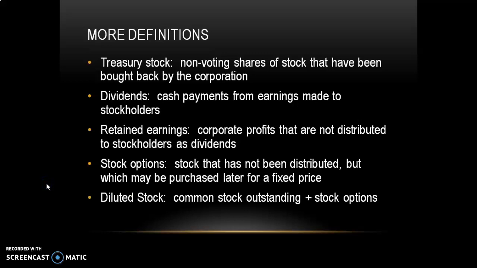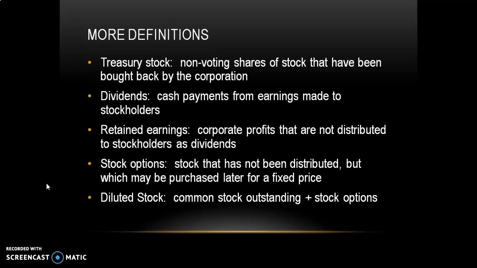And then diluted stock. A diluted stock is the value of the common stock that's outstanding, that's being held in ownership by people, plus the stock options. A lot of times when we've looked at the income statement of companies, one of the things they'll have at the bottom is earnings per share.